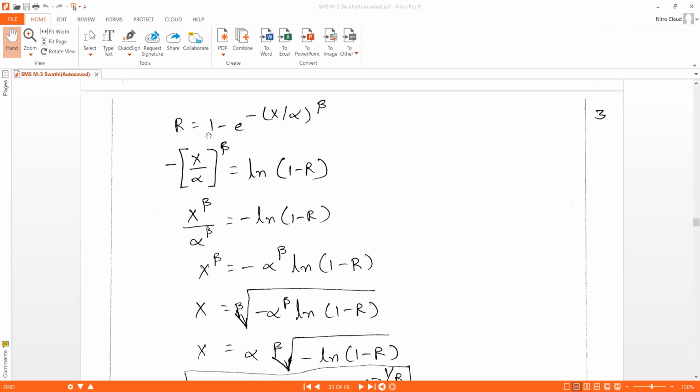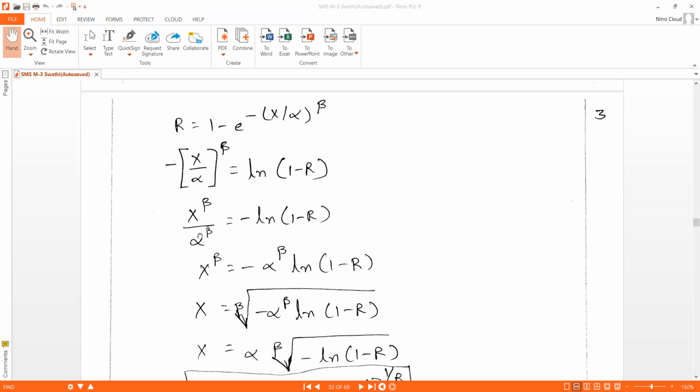Sending the 1 to this side and the exponential to the other side, 1 minus r becomes equal to e power minus (x by alpha) power beta. This is exponential, and if you send it to the other side, it becomes a logarithm.